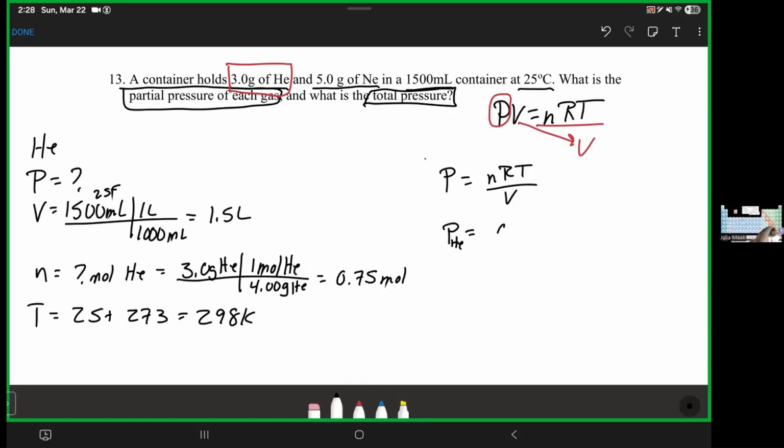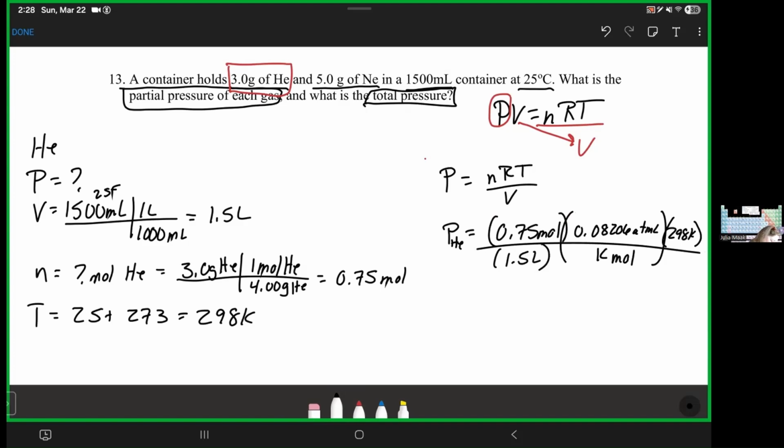My number of moles, 0.75, times my R, 0.08206 ATM liters over K and mole. My temperature was the 298 K. And my volume was the 1.5 liters. So you see your liters cancel, your moles cancel, your Ks cancel, and you're left with pressure, ATM, which is what you're looking for. Okay, so let me calculate that real quick.